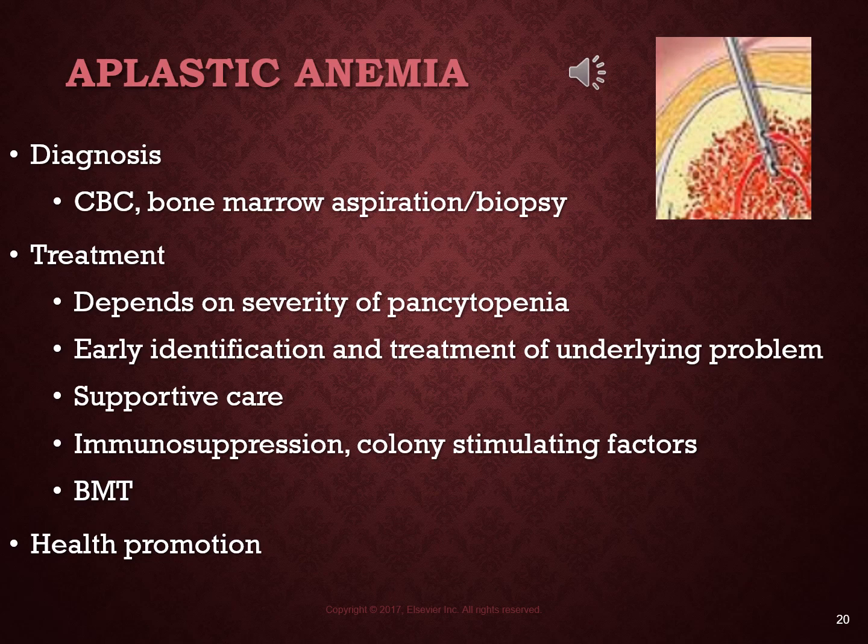Anemia, clotting, infections, those are all problems that you get with aplastic anemia. So really the big deal is early identification and treatment of the underlying problem, because this is caused by something. It is often difficult to find the cause, and even once you do, you can't undo the damage.